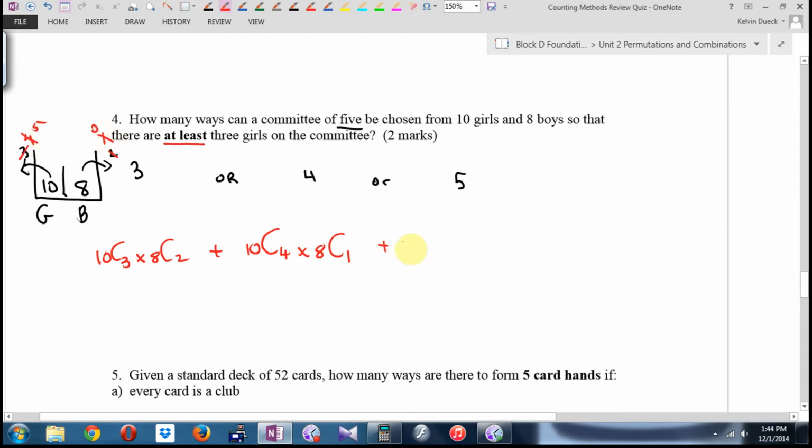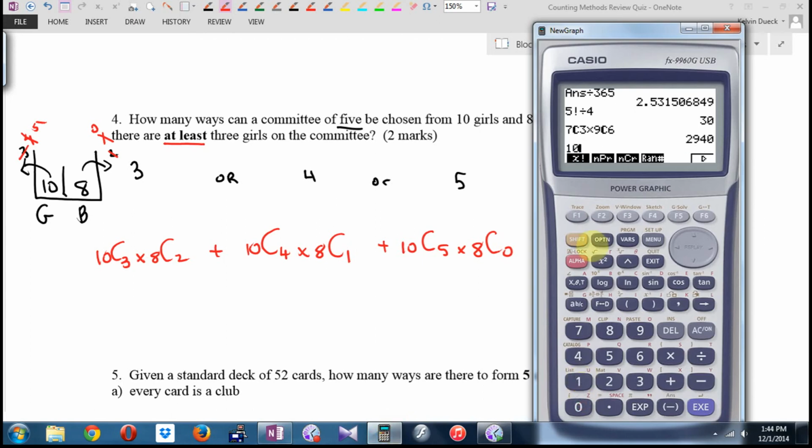And 5 and none: 10 choose 5, and 8 choose none. So 10 choose 3 and 8 choose 2, or 10 choose 4 and 8 choose 1, or 10 choose 5, 8 choose 0 is 1, so I'm not going to bother writing it.